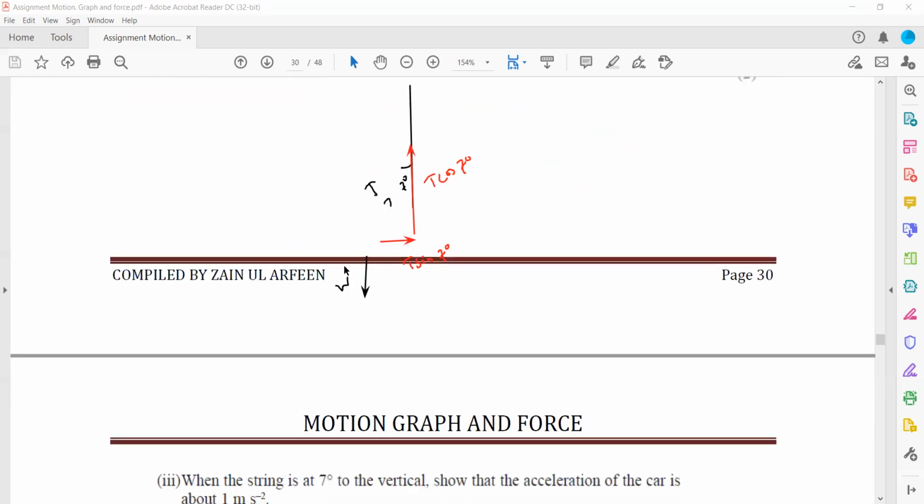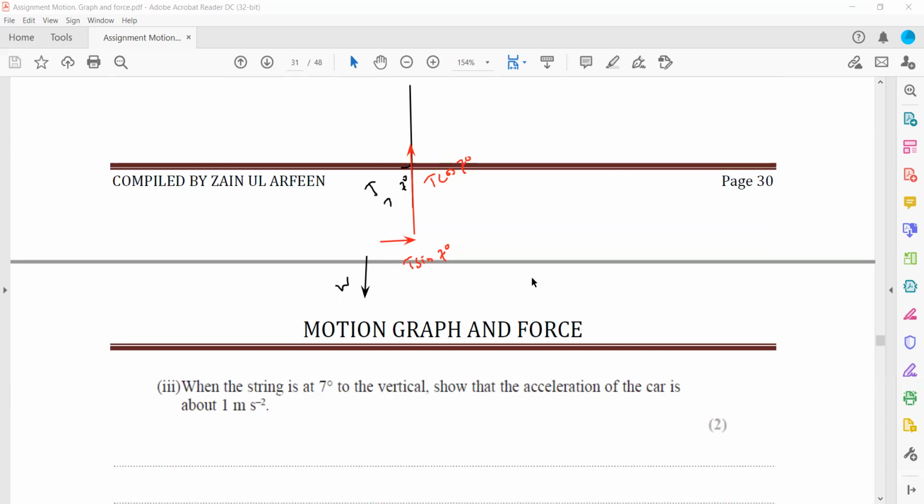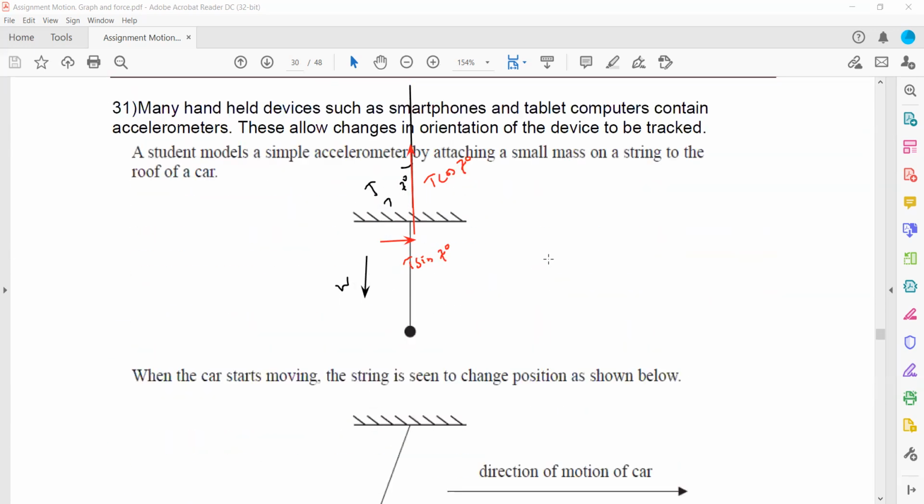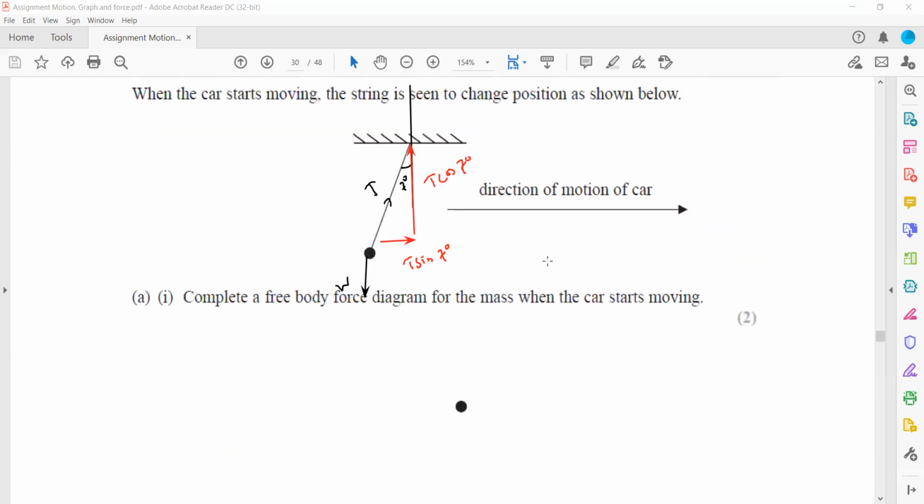So what values are given to us? Only the angle is given. The mass is not given. So how do we work out the acceleration? When we write the equation, because the weight is downward and T cos theta is upward, W is equal to T cos theta.